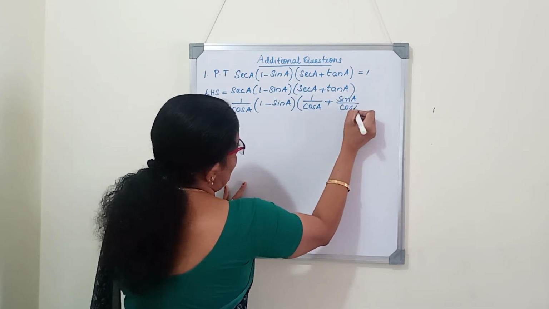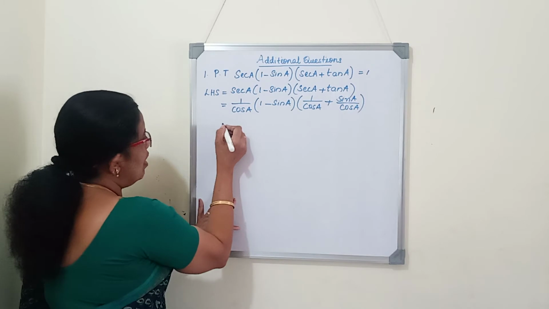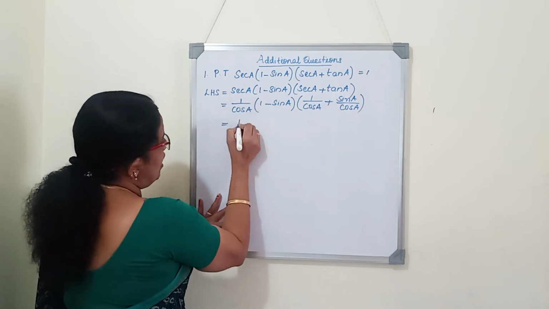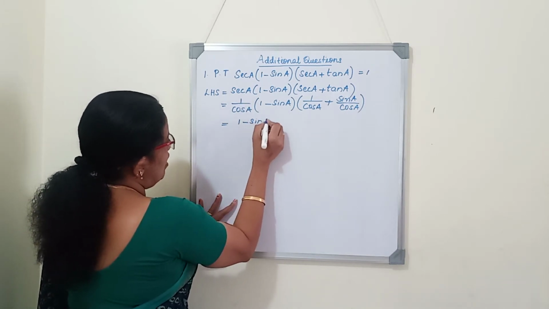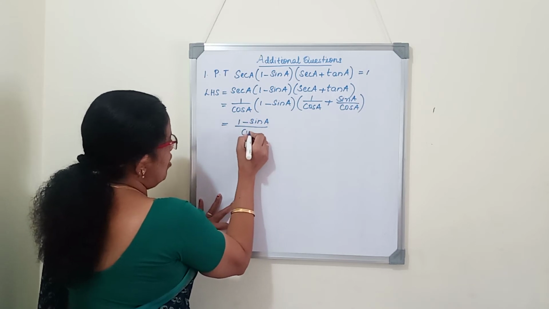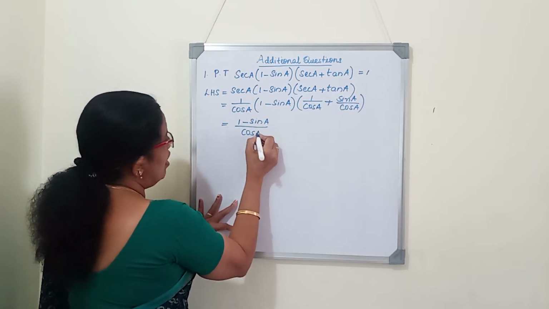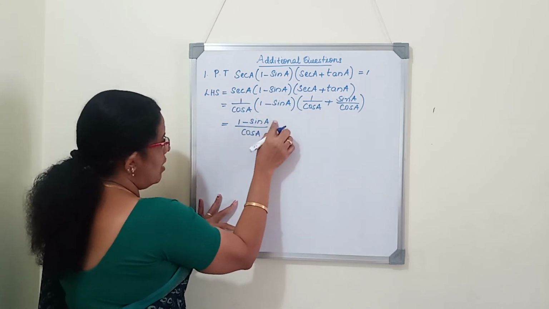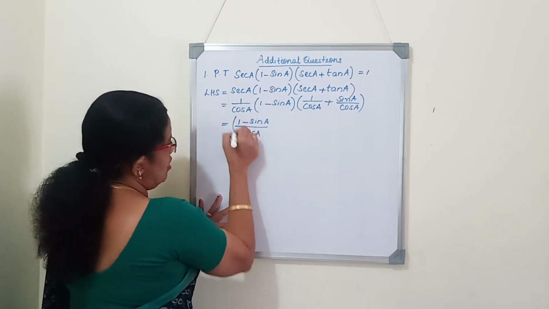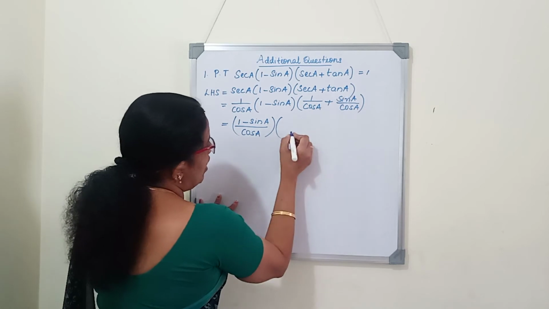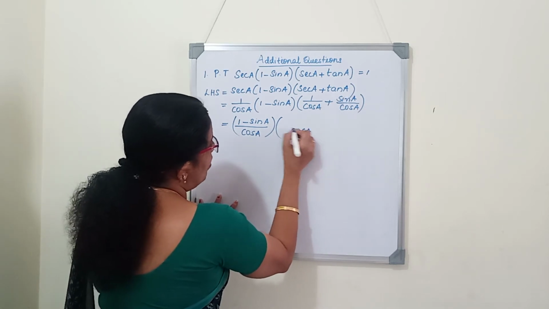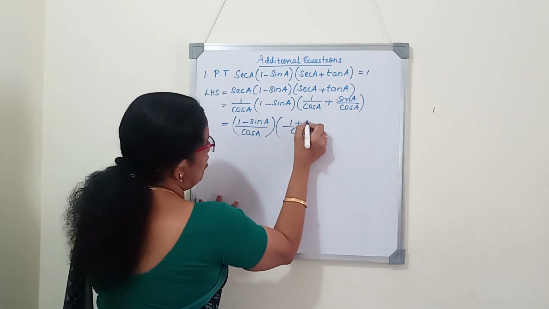Close the bracket. Now 1 into 1 minus sin A, 1 minus sin A by cos A. So these two products I have written as one fraction, that is 1 into 1 minus sin A, 1 minus sin A, denominator cos A. This is in one bracket. Next bracket, cos A is the LCM, common denominator, we will write and the numerator we will write.